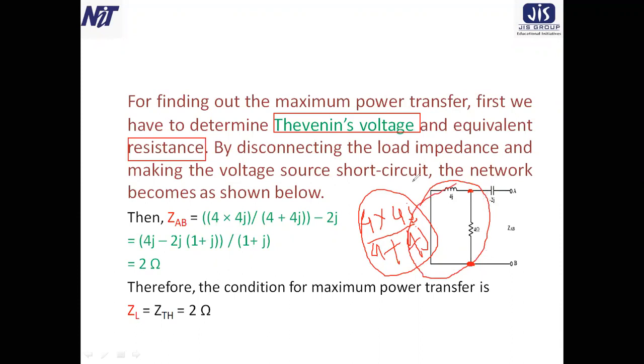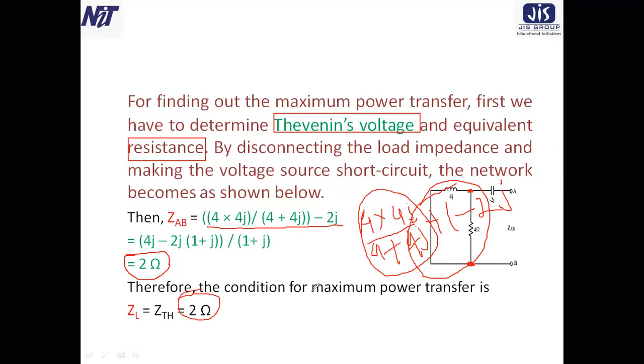Now minus 2j is connected in series with this equivalent impedance, so we simply need to add minus 2j. That is written here, so put it carefully. After simplification, we get the value of Z equals 2 ohms. Therefore, the condition for maximum power transfer is ZL equals ZTH, that is 2 ohms.